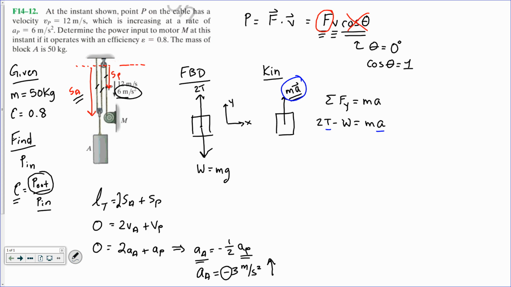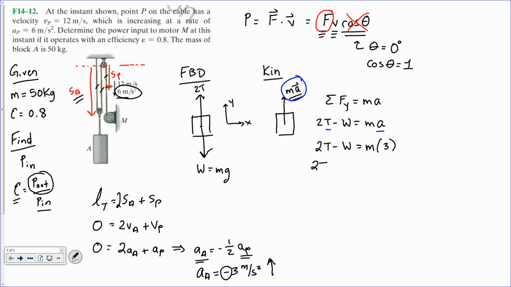So when I plug my acceleration into this equation, 2T minus W is equal to mass times acceleration, I'm not going to put in negative 3. I'm just going to put in a positive 3. Why is that positive? Because I know that the block is moving upwards based off my dependent motion analysis, and in my kinetic diagram, that acceleration was drawn upwards. So that's a positive 3.